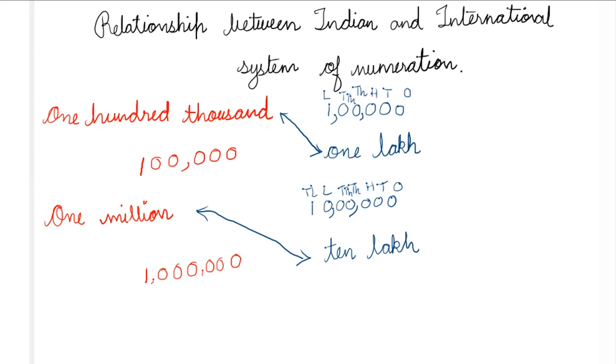Now let's see another example. The number I am going to take now is 10 million. So my 10 million is again ones, tens, hundreds, comma, 1,000, 10,000, 100,000, comma, million and 10 million. The same number I am going to write here without commas: 10,000,000.